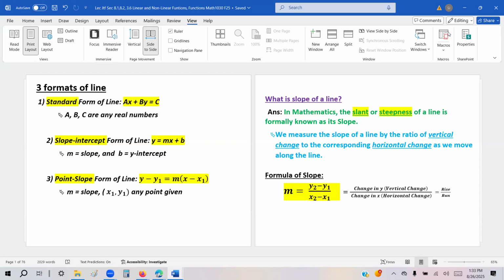In other words, we are measuring how much we have in the y distance and how much we have in the x distance. We divide the difference of the y's by the difference of the x's, so we see how much we are moving vertically divided by how much we are moving horizontally. Whatever we have, that's the slope.